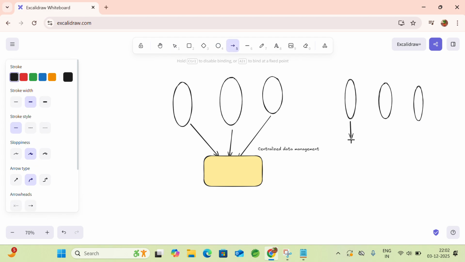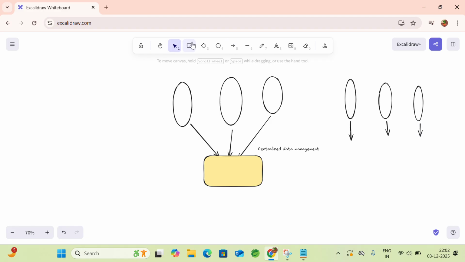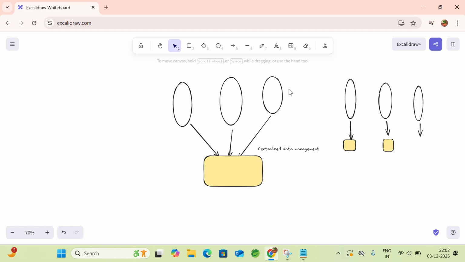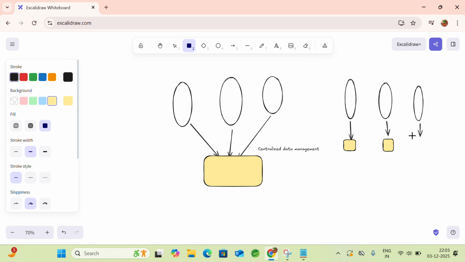We want all of them to have their own database, that can be represented as, this is one database, this is another one, and this is another one.